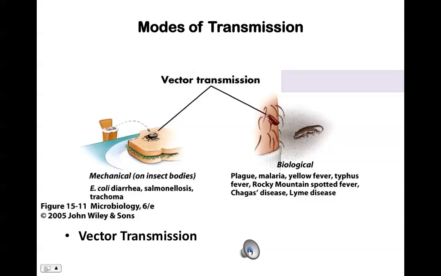Vector transmission we've already mentioned in terms of mode of transmission. Mechanical transmission, which would be an insect that has the pathogen on its outer surface, and a biological vector, which would be an insect that bites you. Both types of biological vectors and mechanical vectors can transmit very different types of pathogens, all of which can make you very ill.